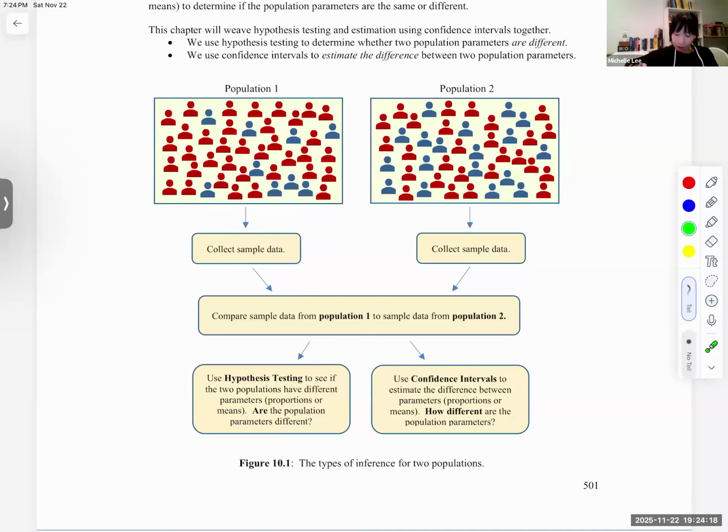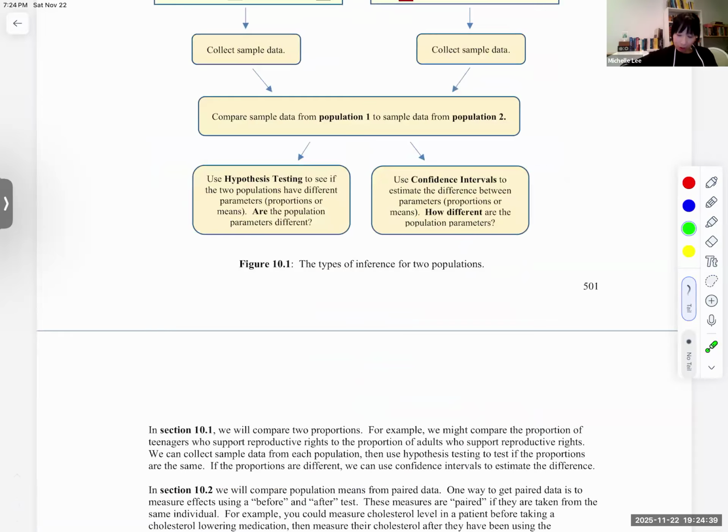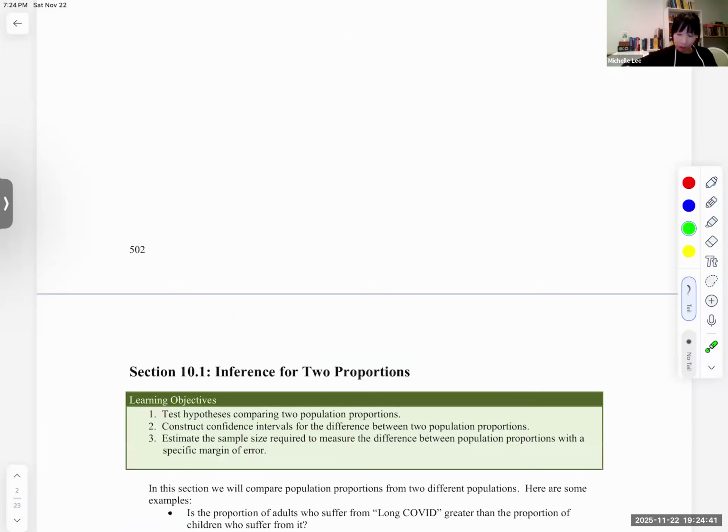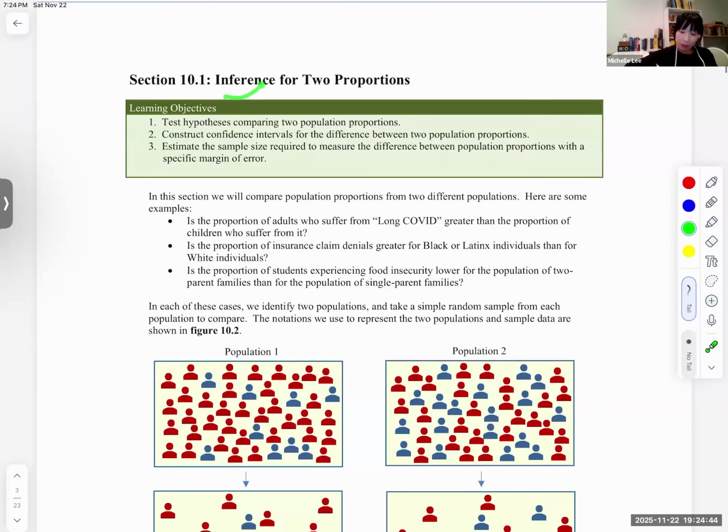Then we're using hypothesis testing and confidence intervals. So basically, we're using two samples, combining chapter 8 and chapter 9. Chapter 8 is about the hypothesis test and chapter 9 is about the confidence interval, right? Okay, so 10.1, we have inference for two proportions.